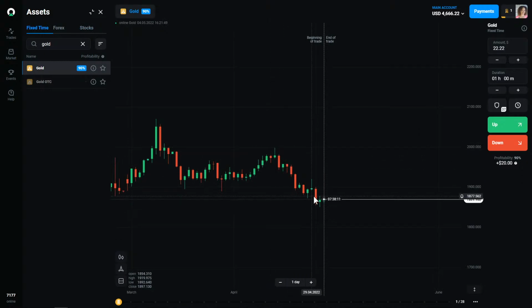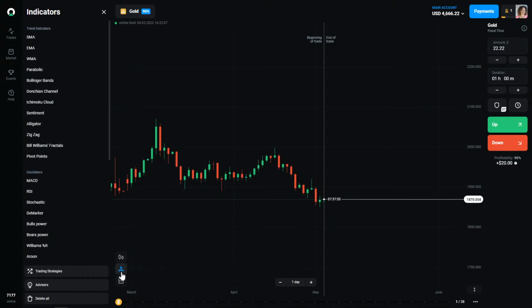The thing about Fibonacci is that it is a drawing tool, so the way that you apply it really depends on you and your trading idea.